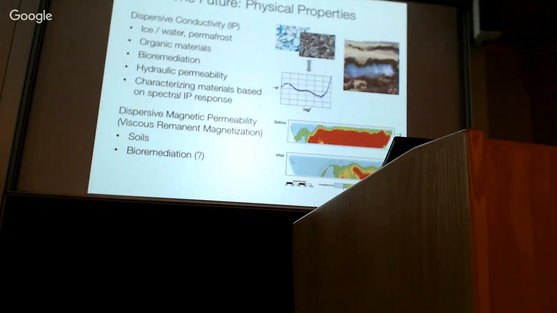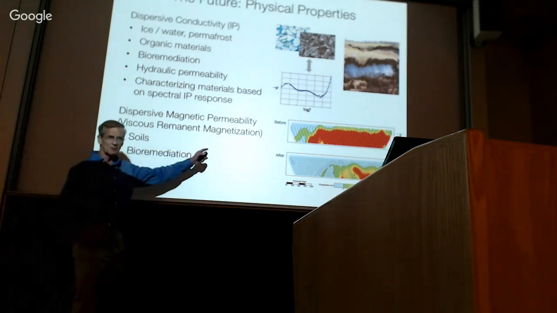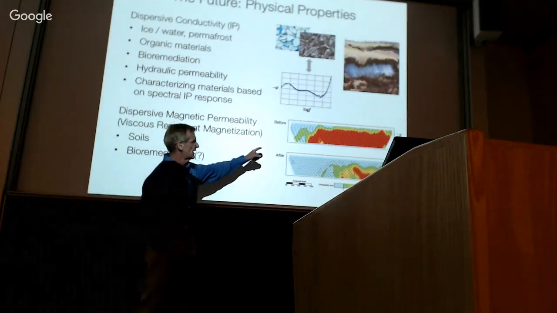Also, in physical properties, we talked about dispersive conductivity, IP. That has a big role to play in permafrost as well as water issues, organic materials, bioremediation, hydraulic permeability. There's all kinds of things here. One thing we never really did talk very much about was magnetic permeability.